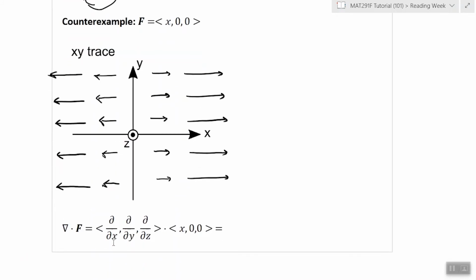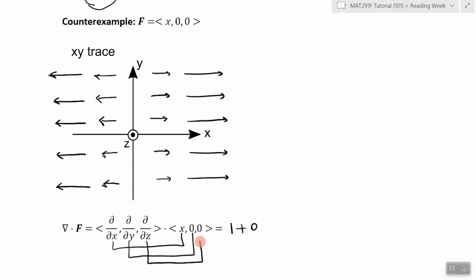Let's compute the divergence. Again, del operator dotted with the vector field, and we get partial x with respect to x gives us 1, then plus partial y of 0 gives us 0, and then this guy gives us 0 again. So we get 1, which is not 0, which makes this a good counterexample.